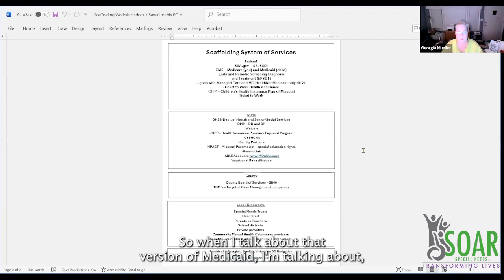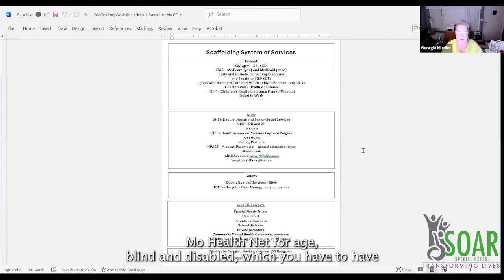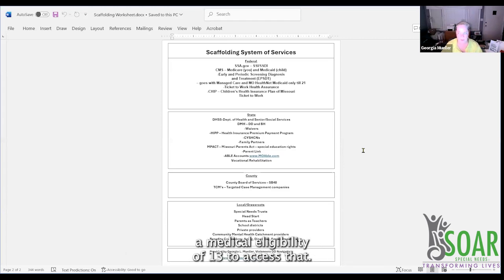When I talk about that version of Medicaid, I'm talking about Mo Health Net for aged, blind, and disabled, which you have to have a medical eligibility code of 13 to access.